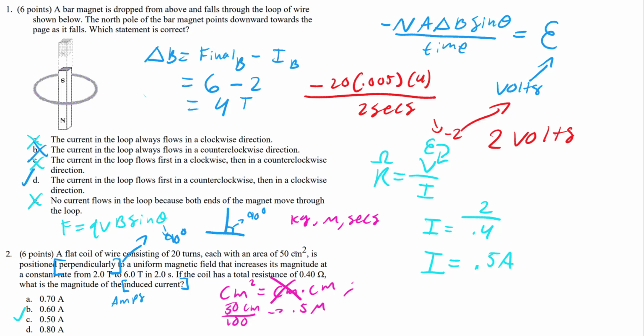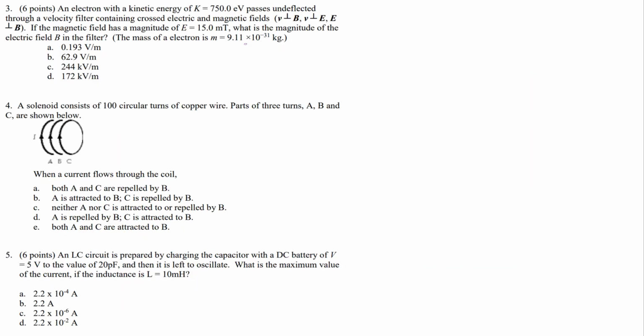So that's really all you had to do for this problem. And just remember that whenever you have centimeters squared or cubed or quadrupled, whatever, you're going to have to divide by 100 that many times. Just remember that.